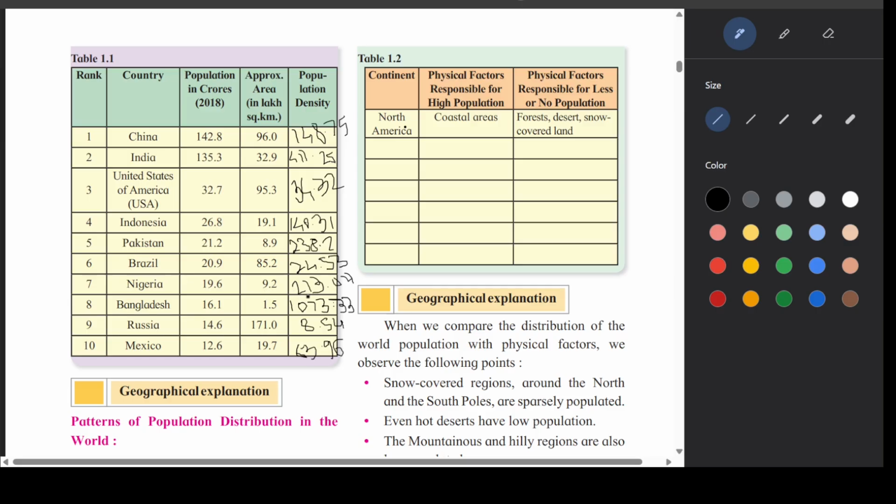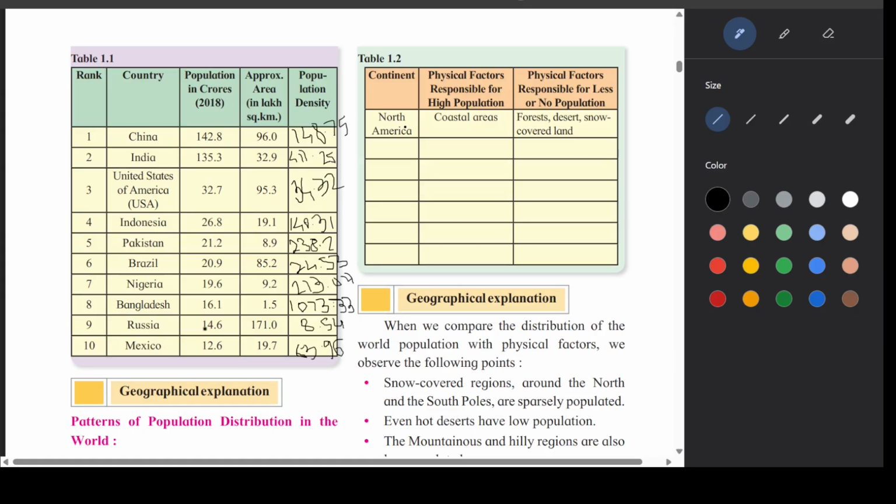Its density is 213.04. Bangladesh has population 16.1 crore and area is 1.5 lakh square kilometers. Its density is 1073.33. Russia.